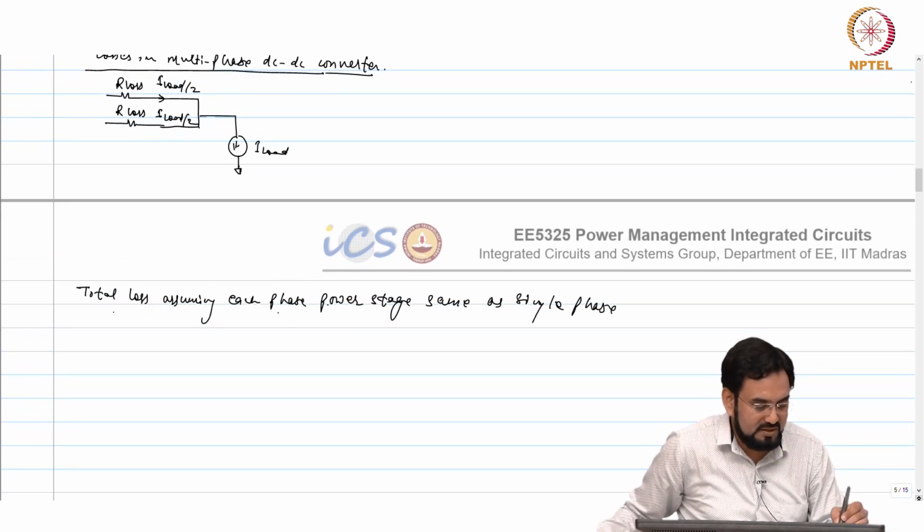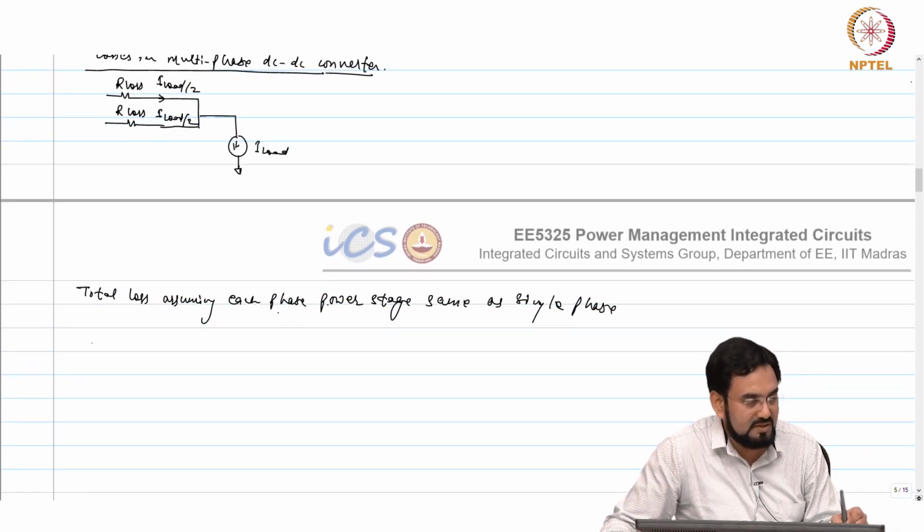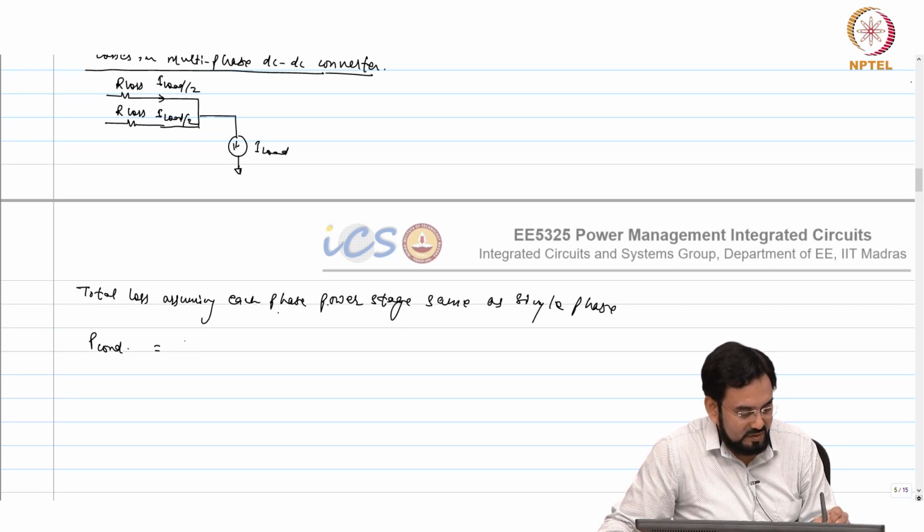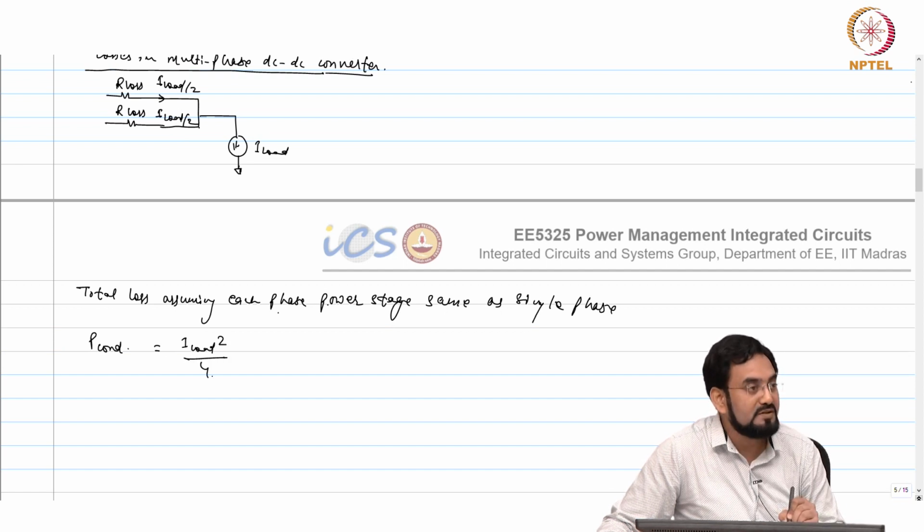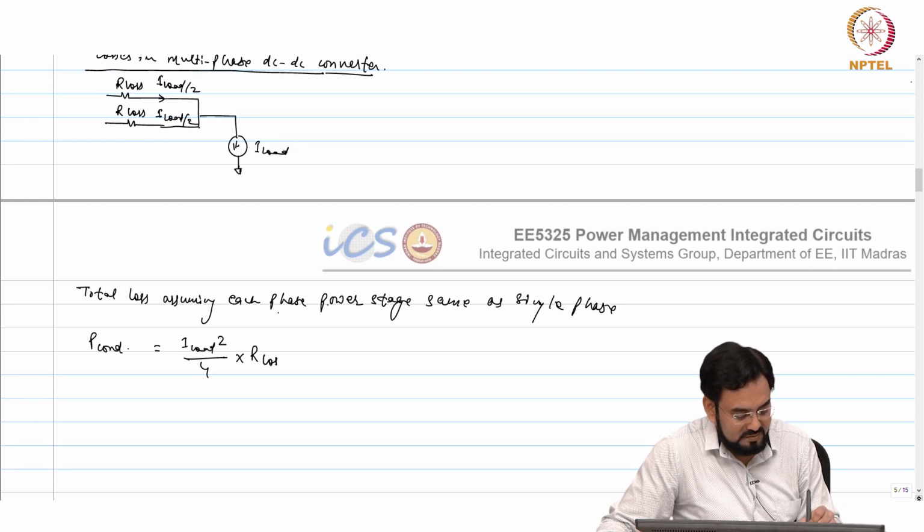So what is the total power conduction loss? I square R. So I load square by 4 into R loss multiplied by 2.